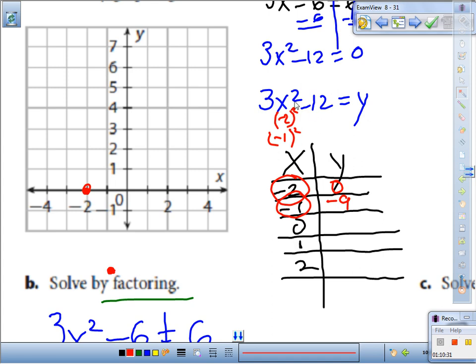Next, 0. What is 0 squared? 0 times 3, 0, we're left with negative 12. Let's plot that. 0, negative 12, which is down here somewhere. And what do we know about parabolas? What goes here? Negative 9, and here? 0. So 2, 0. 1, negative 9.